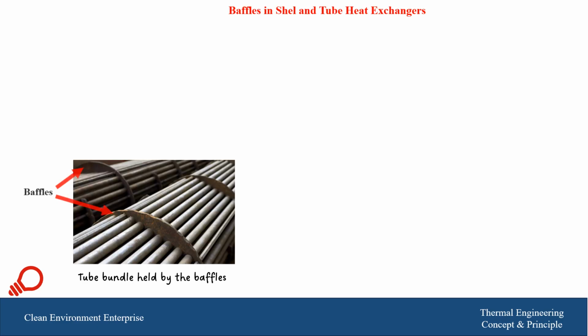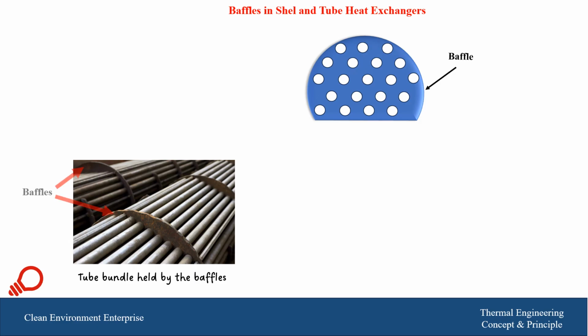And now let us talk about the baffles in the shell and tube heat exchangers. In this photo it is obvious that a bundle of tubes is supported by these baffles as shown, and there are many advantages from the use of these baffles in heat exchangers, of course.